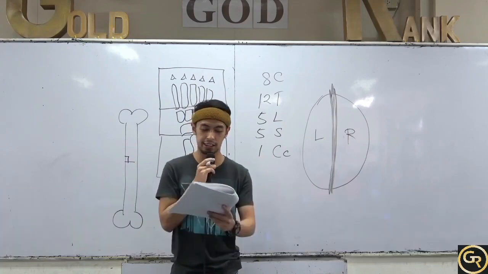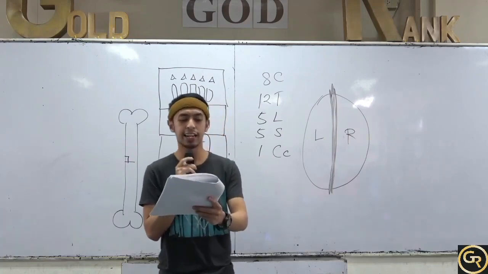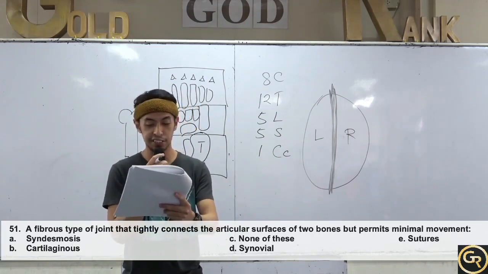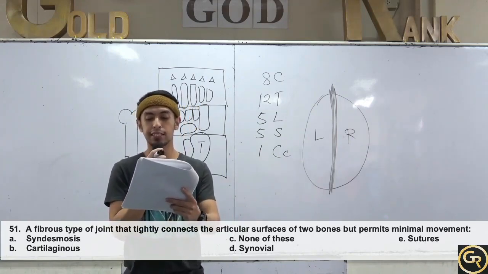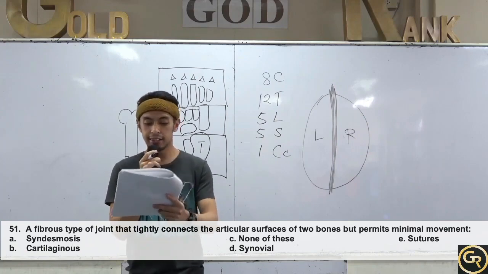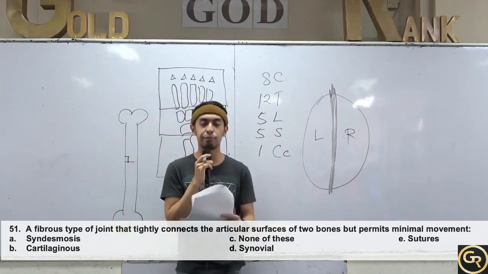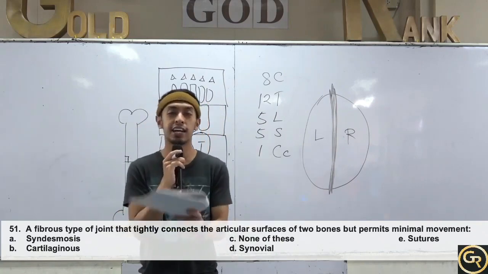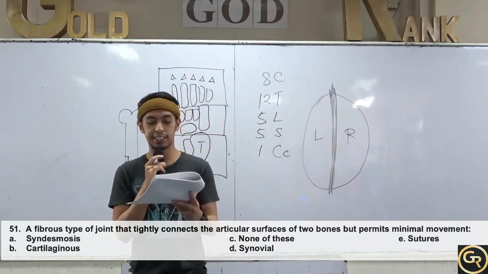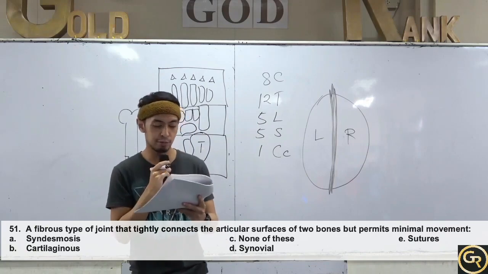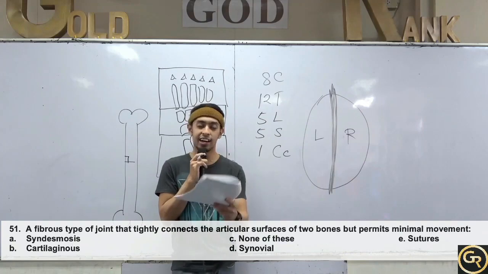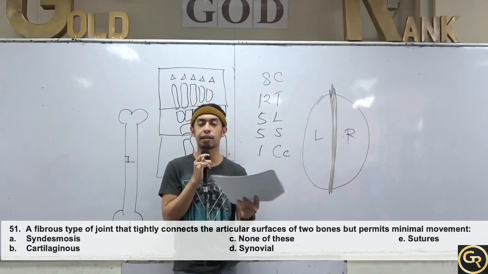All of these. Okay? 51. A fibrous type of joint that tightly connects the articular surfaces of two bones but permits minimal movement. Okay? So, ang clue niya dito would be the fibrous type of joint as well as the minimal movement that it permits. Pwede nyo nang tanggalin si cartilaginous and your synovial, kasi hindi naman sila fibrous type of joint.